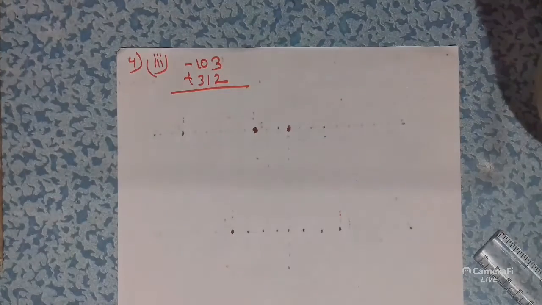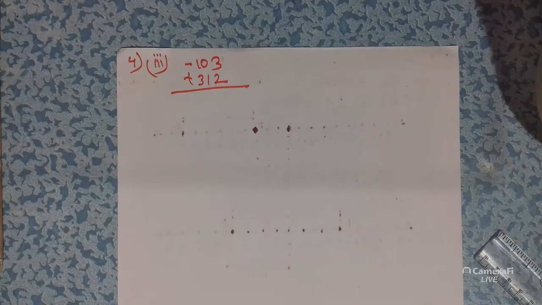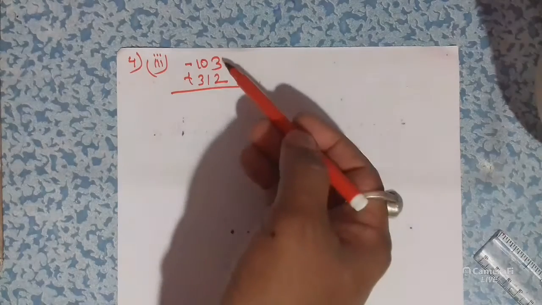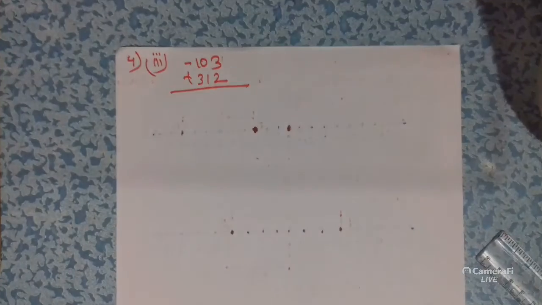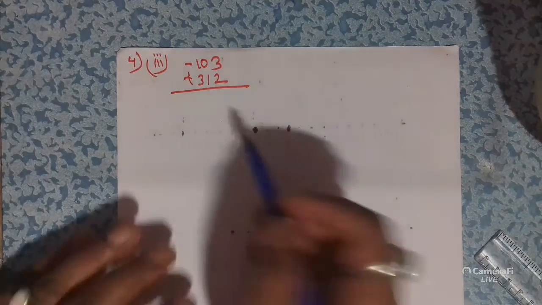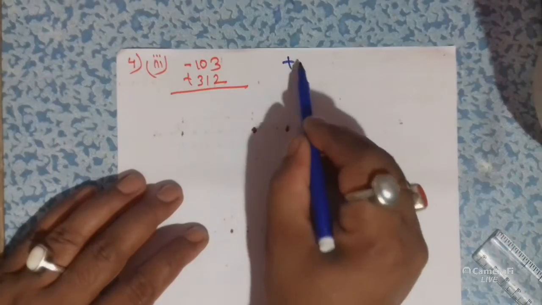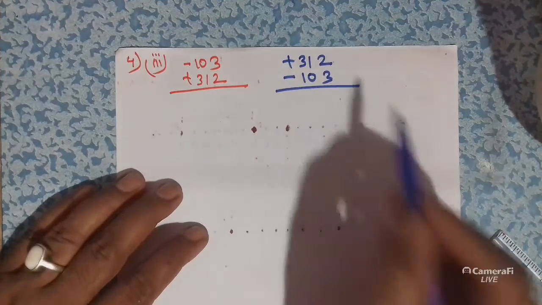So here students, you can easily say that we have to subtract these two integers because both are opposite signs. Okay, that's good. But students, this number is smaller than the other number, so we have some difficulties to solve this one. So you can arrange these numbers like this: plus 312 and minus 103.